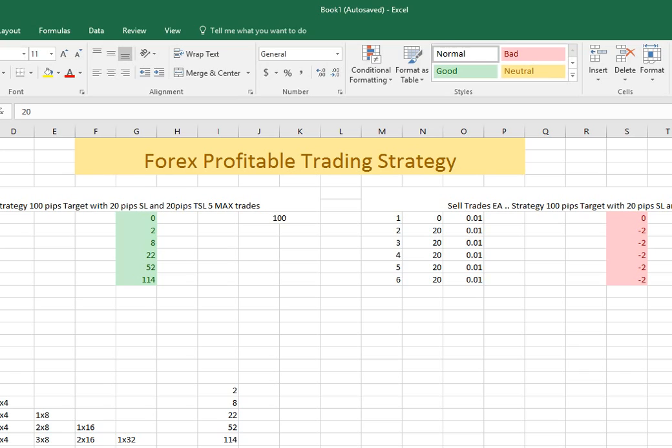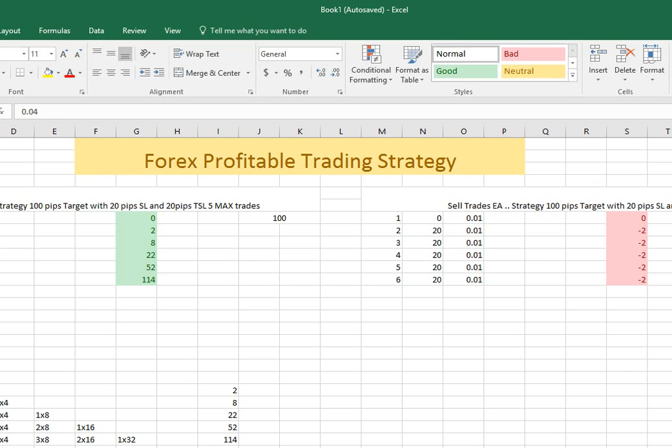At this point we will have $4 profit on our first trade and $4 profit on our second trade, because the second is at 20 pips and the first is at 40 pips. Now we place another trade with 0.04 lot size. At this point you are in $8 profit and you have placed your third trade.